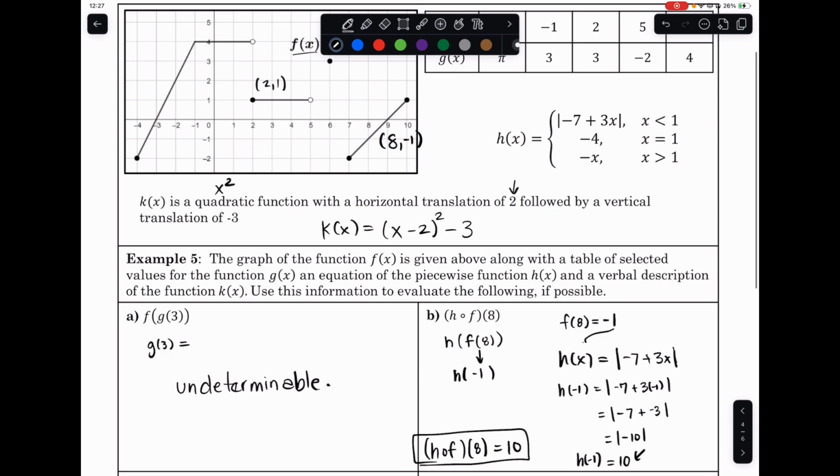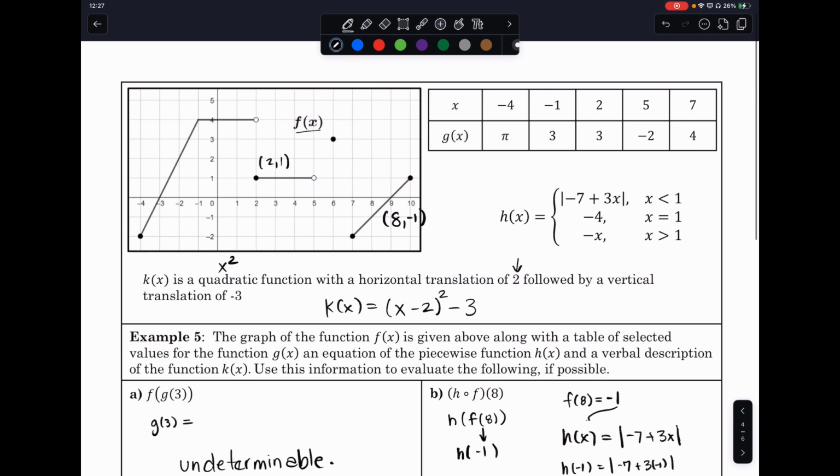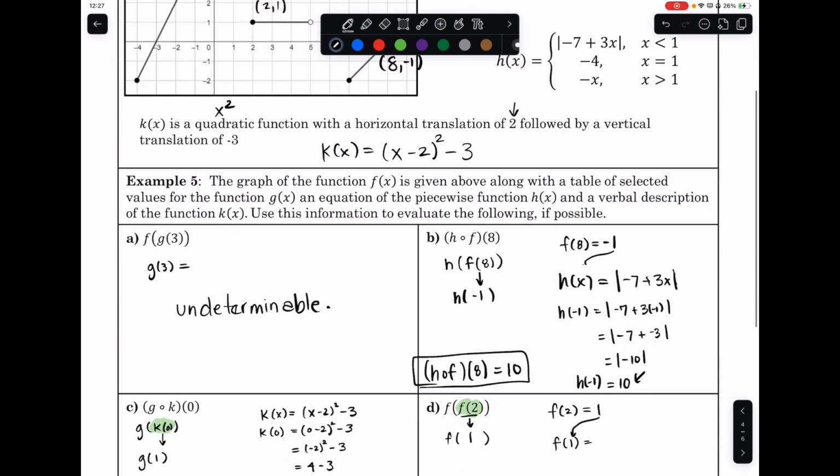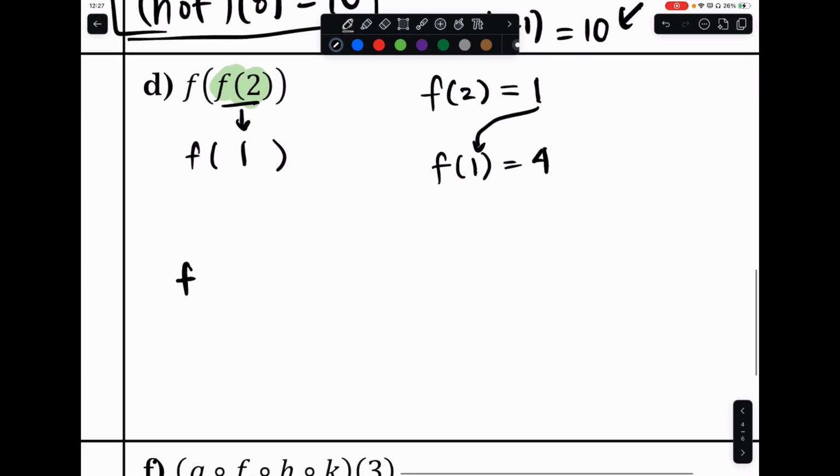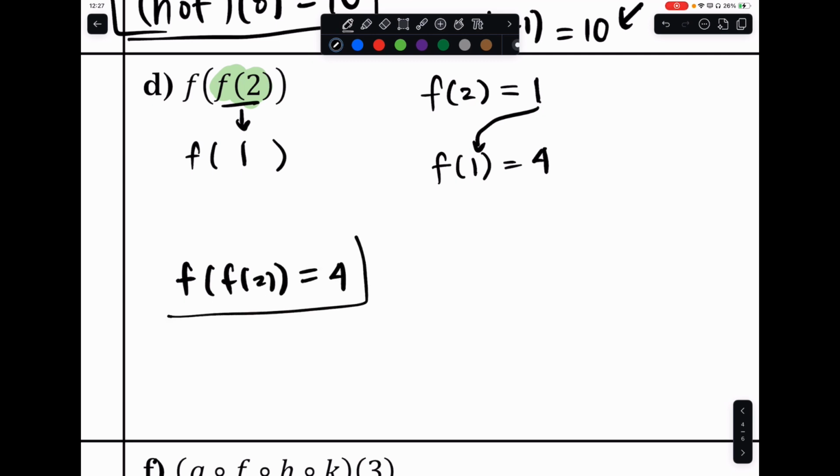So just like before, we look at when x is equal to 1 and see what the y value is. Well, the y value is 4. So when x is equal to 1, the y value is 4. That means that f of 1 equals 4. So f of f of 2 is equal to a value of 4. And there's your solution.